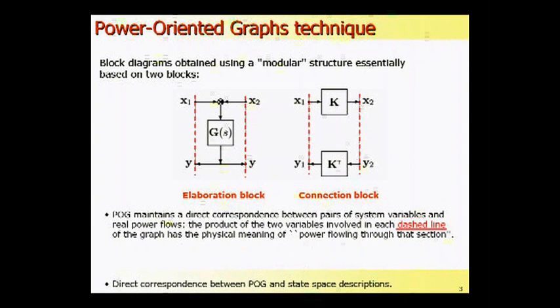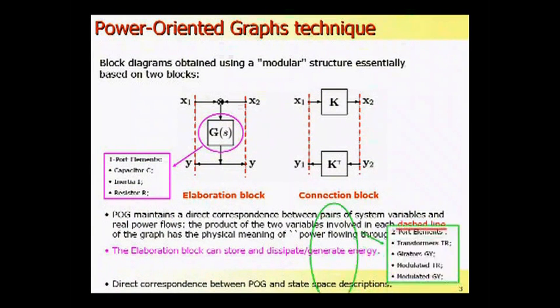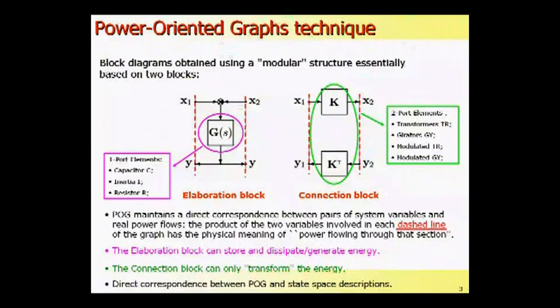In fact, the product of the two variables involved in each dashed line have the physical meaning of power flowing through that section. We can see the elaboration block that can store and dissipate or generate energy, while the connection block can only transform or redistribute energy. There is a direct correspondence between POG and state space description of systems.